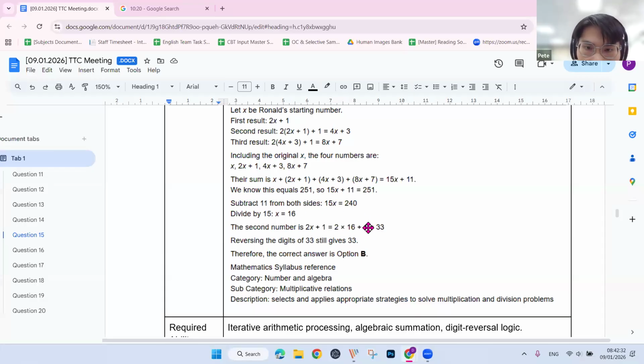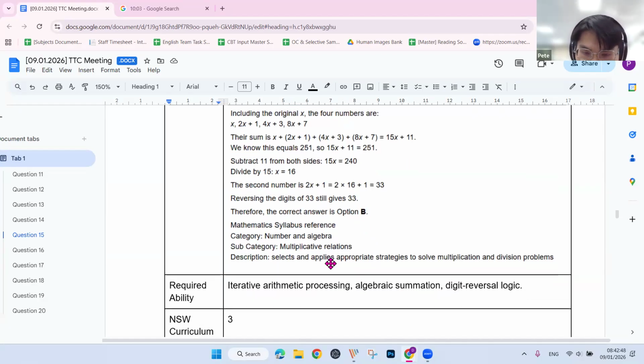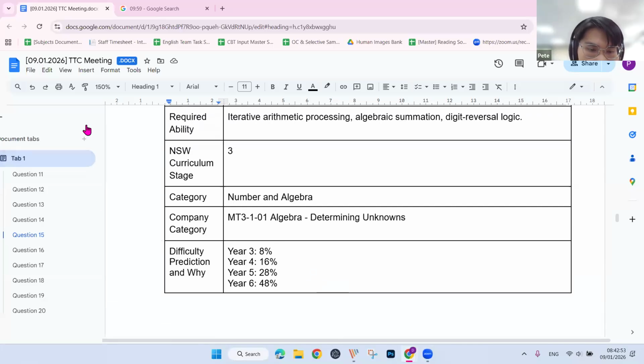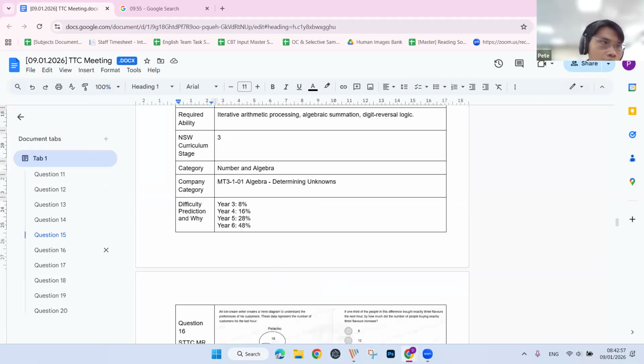So the first number is 16. The second number would be 16 multiplied by 2 plus 1, which is 33. And reversing this number, we still have 33. So the correct answer is option B. The category is MT3101, algebra, determining unknowns.